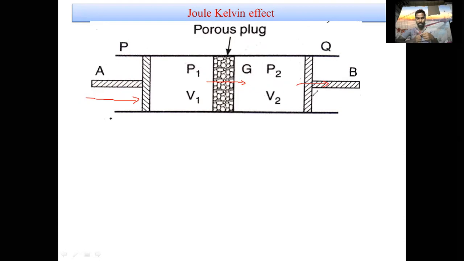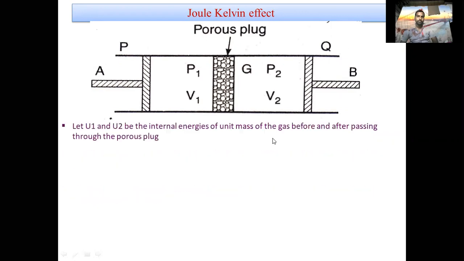Now according to thermodynamic relations, work means pressure into volume. According to that, we have to calculate the work value. Suppose U1 and U2 are the internal energies of unit mass of the gas before and after passing through the porous plug.